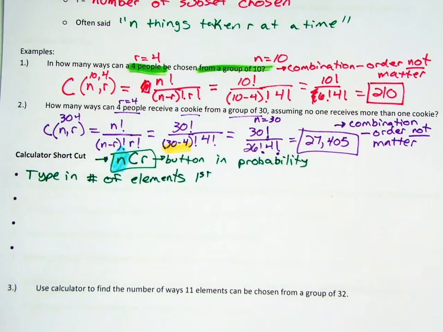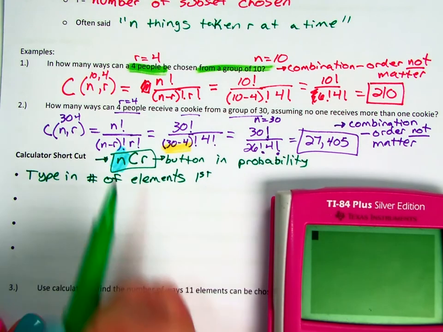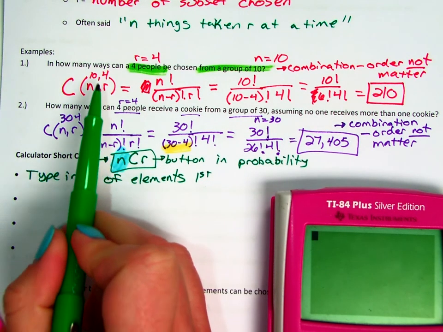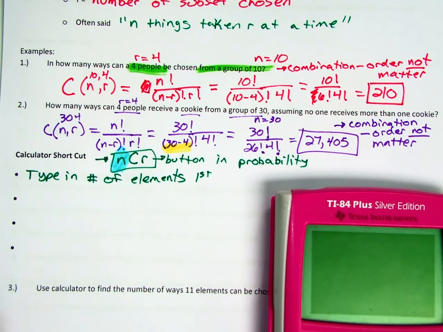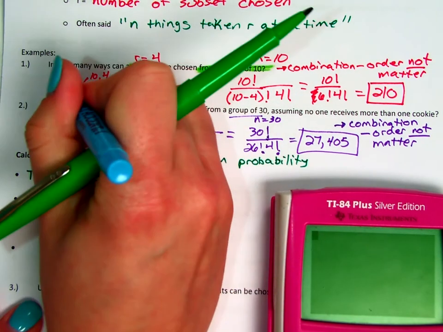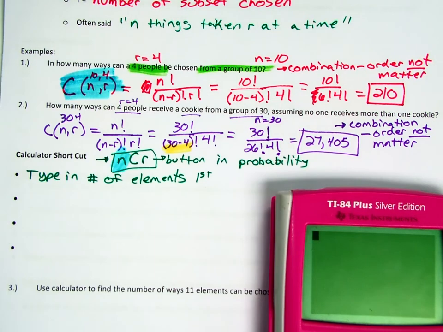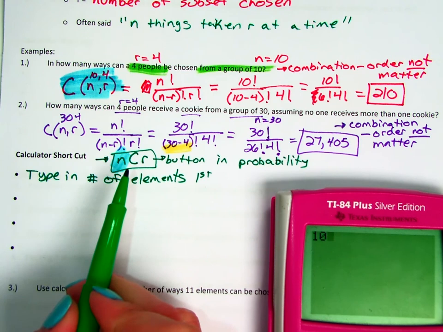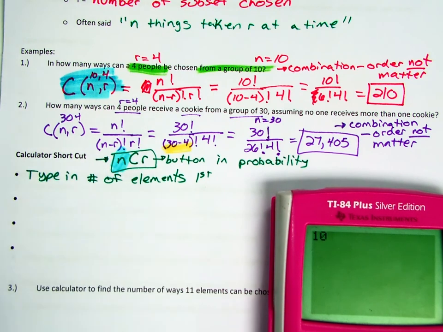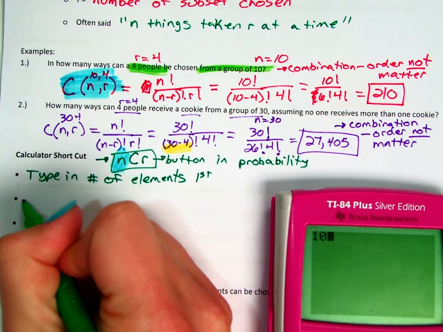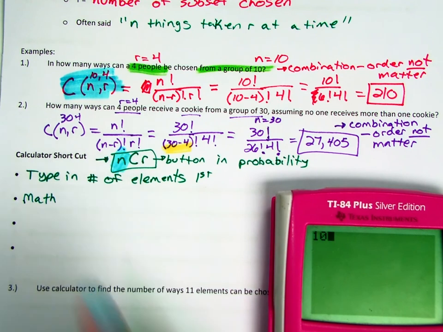first. Okay, so for example, let's do this one. My number of elements is 10. So I'm going to type in this one right now. Okay, my number of elements is 10, so we're going to type in a 10. Then we actually have to get to this nCr button. The way you get there is we have to get to that probability again. So you're going to go to math, right?